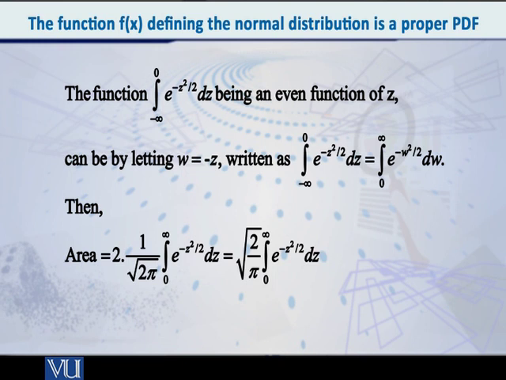It's the same thing. So I'm going to adopt this last one that I just said. मैं w की जगह z लिख देती हूँ. So what do I get? 0 to infinity e raised to minus z square over 2 dz.